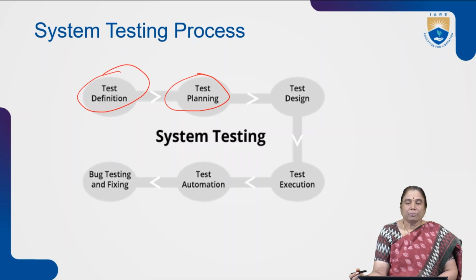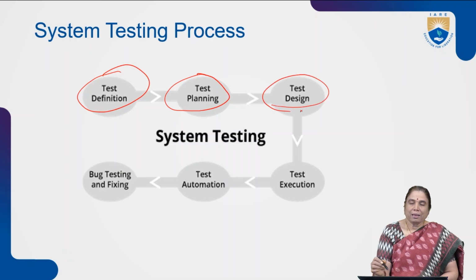So what are the test planning cost as well as resources required for the testing process, whether to use manual testing or automation testing. In case automation testing is used, what type of tools are required to thoroughly verify the system is planned in test planning.